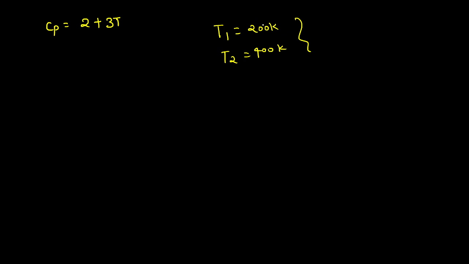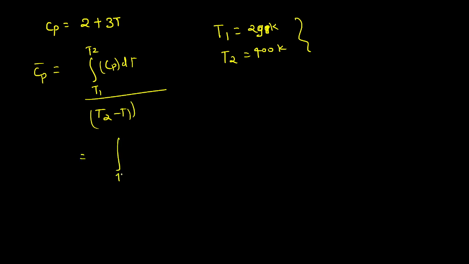So can I write Cp bar is equal to the integral from T1 to T2 of Cp dT divided by T2 minus T1. So that will be equal to the integral from T1 to T2 of 2 plus 3T dT, divided by 400 minus 298.